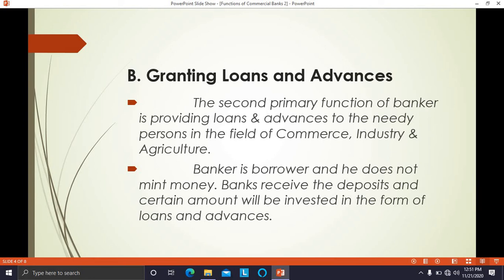So granting loans and advances is the second primary function of the banker. The banker is a borrower; the banker does not mint money or issue notes, but gets the money from the depositors, and a certain amount of that money is used to give loans and advances to needy people.